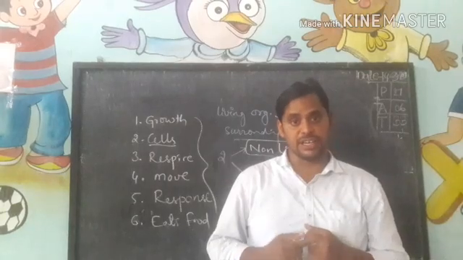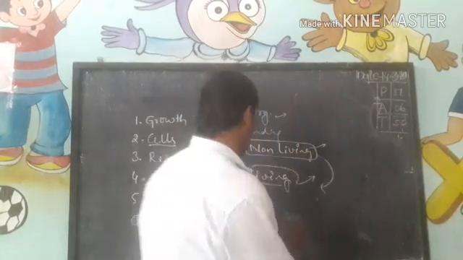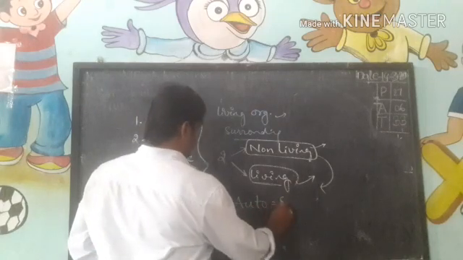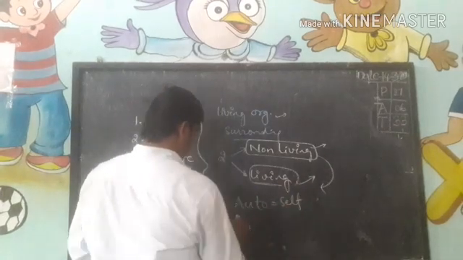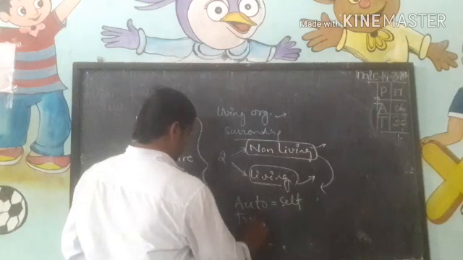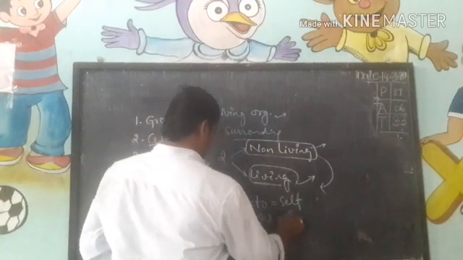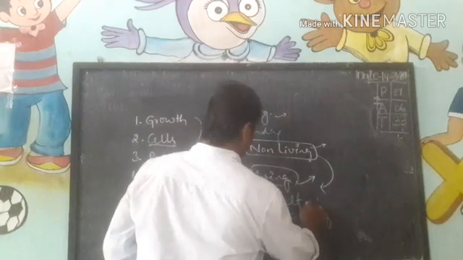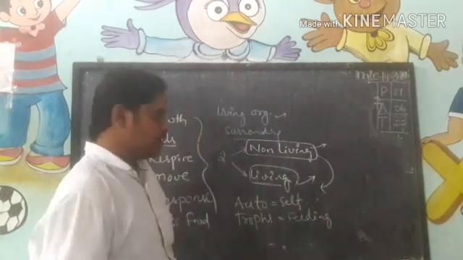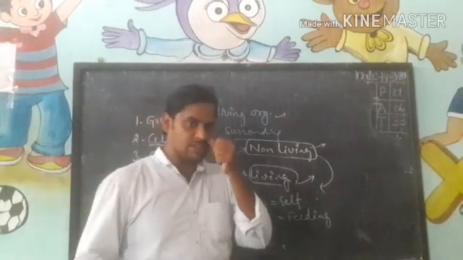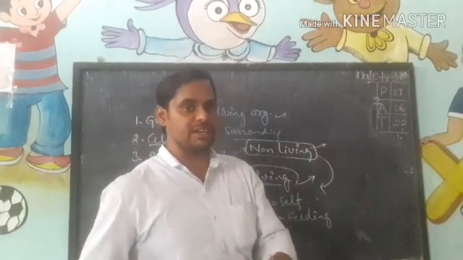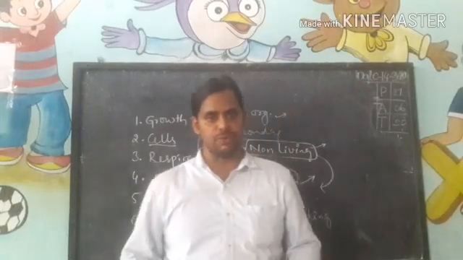Autotroph, the name itself indicates: auto, A-U-T-O, means self. Troph means feeding, self-feeding. So one kind of organism can feed themselves, meaning they produce their own food material. They do not depend upon others for food.